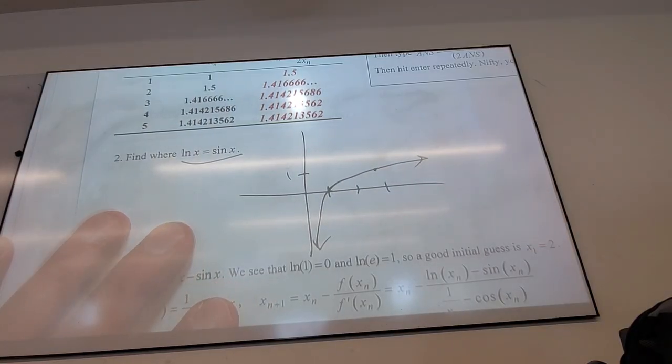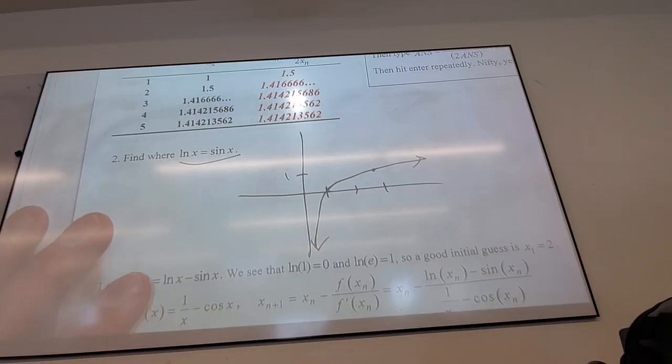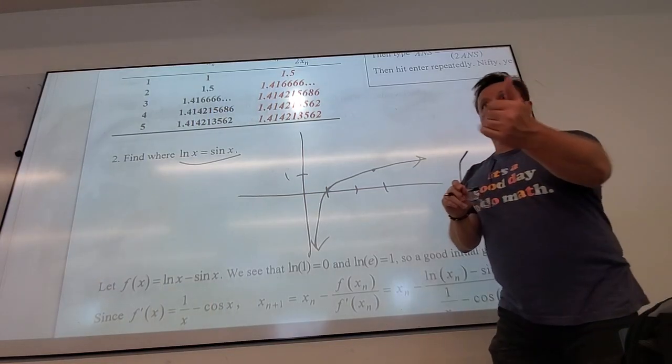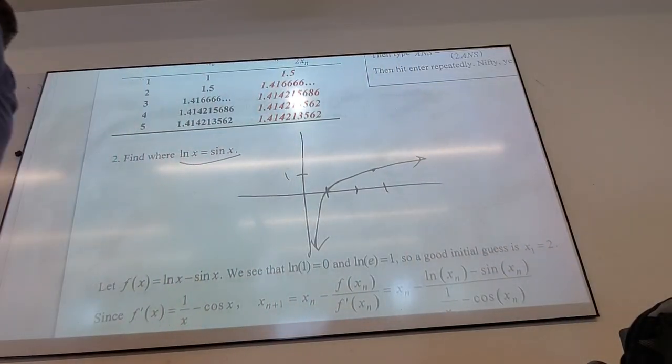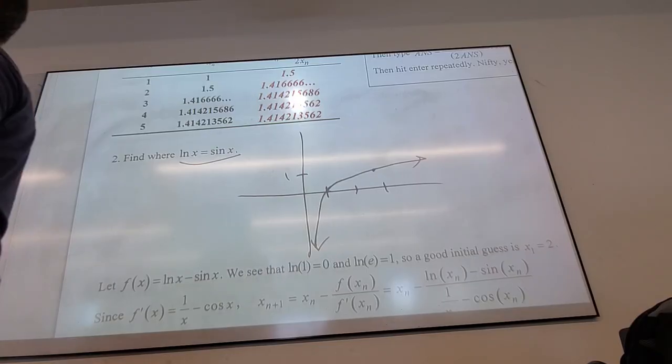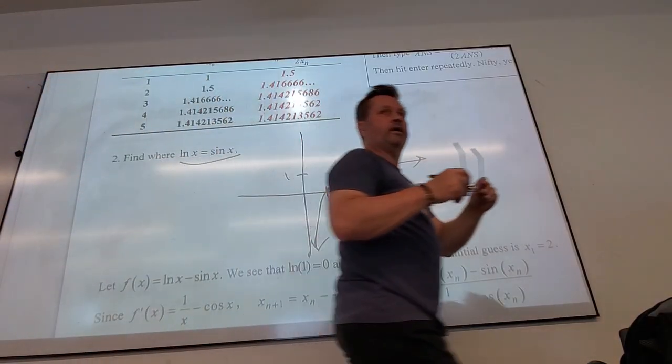And then sine. What does sine look like? What's the highest sine gets? 1. Good. And where does it start? At what, sine of 0? 0, yes? And then when is it 0 again?